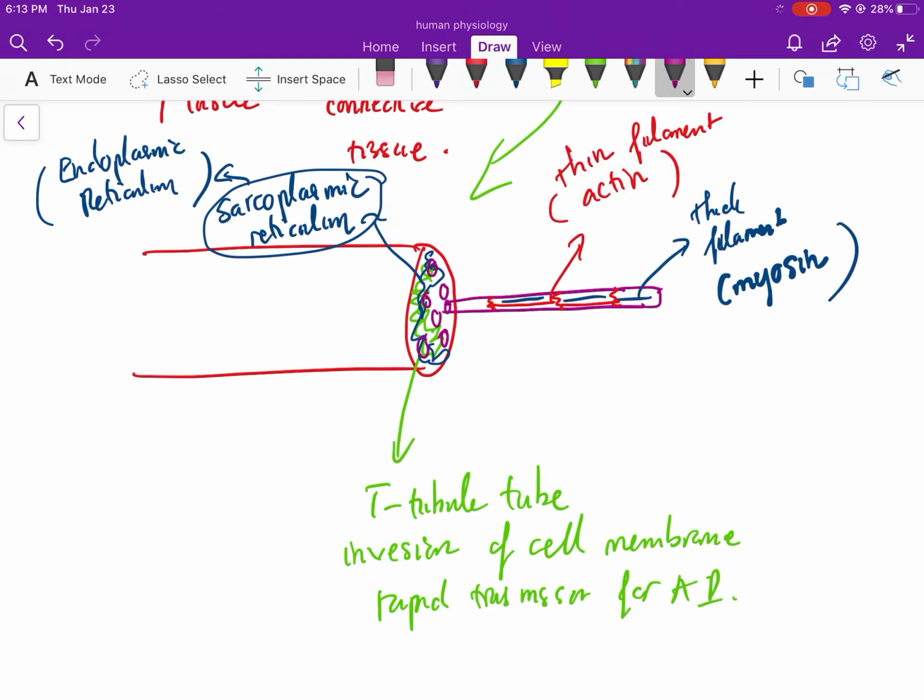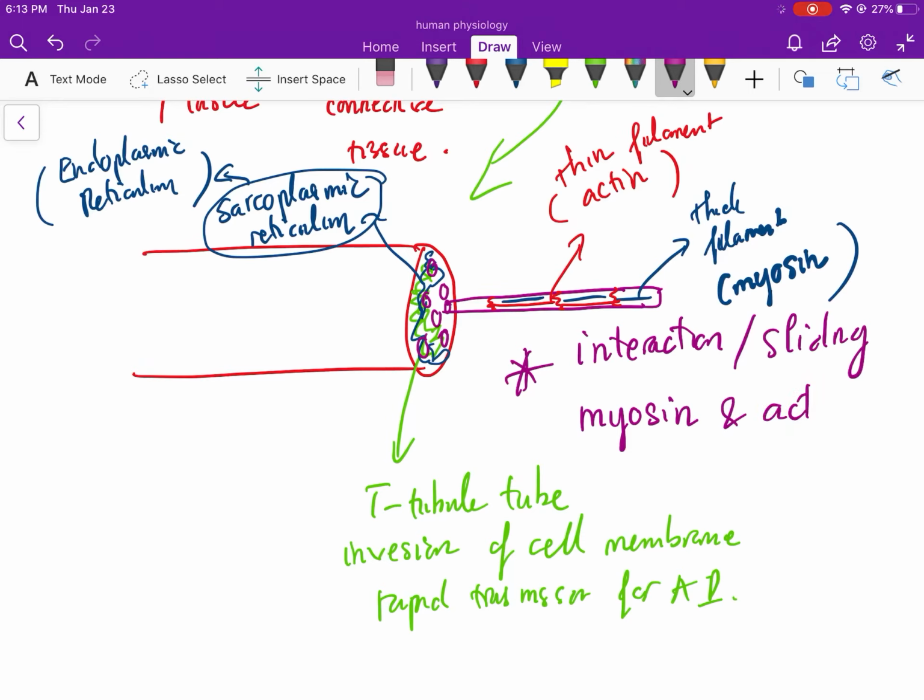It is really important to understand that our muscle contraction is actually the interaction and the sliding of the myosin and actin. We have to understand these actions.